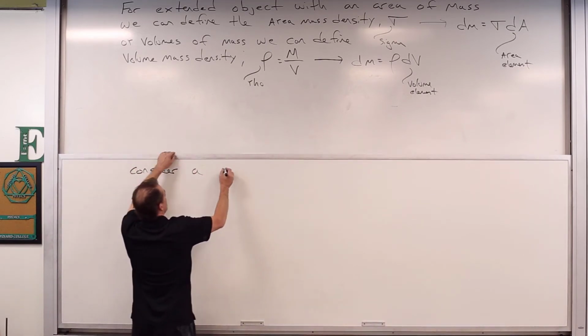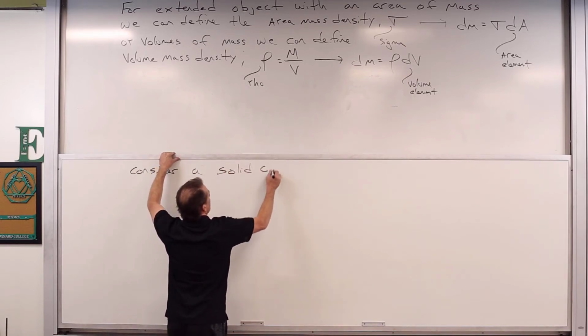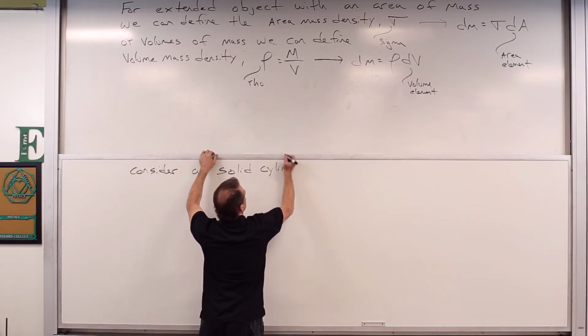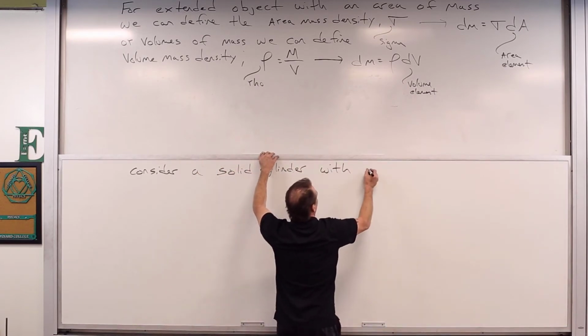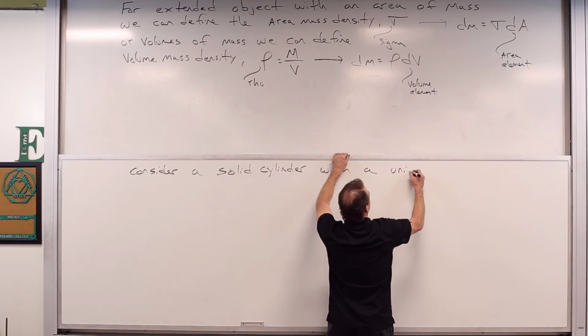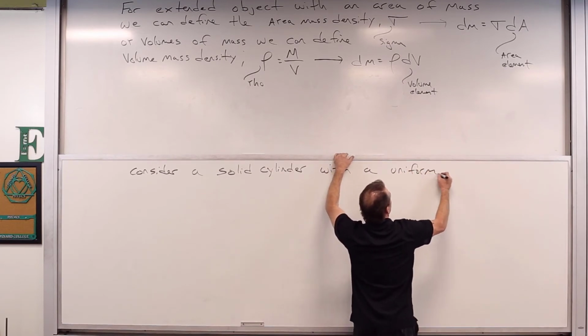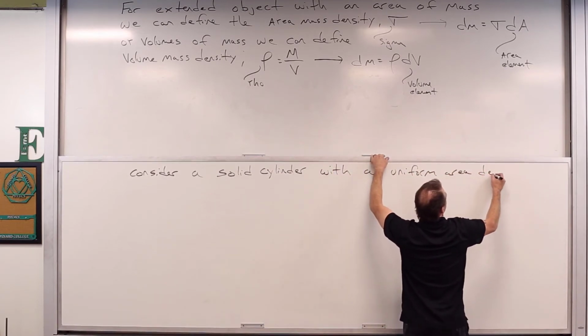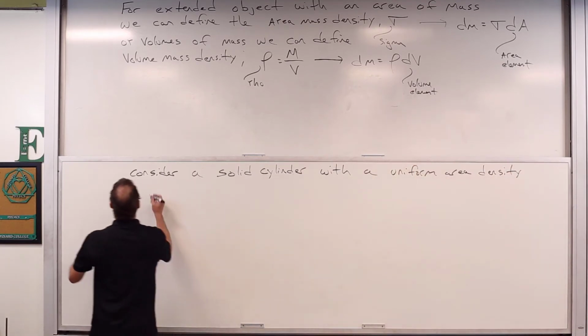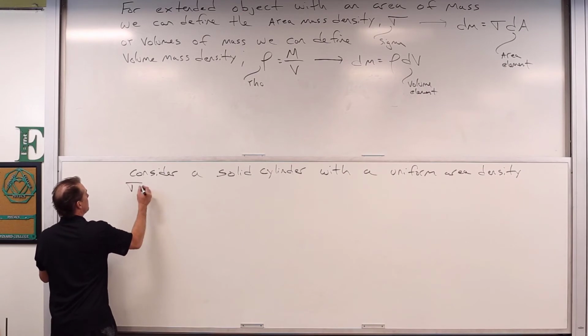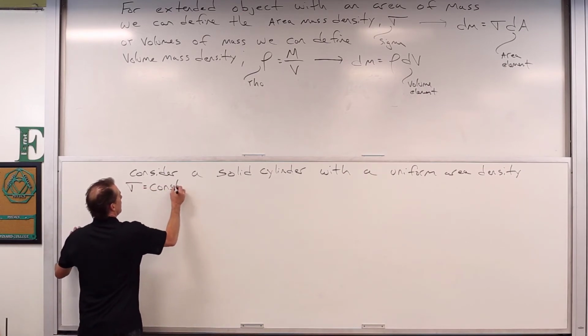Consider a solid cylinder with a uniform area density, sigma is a constant.